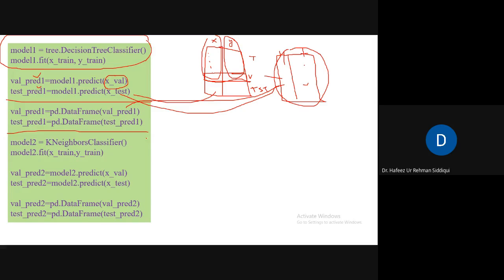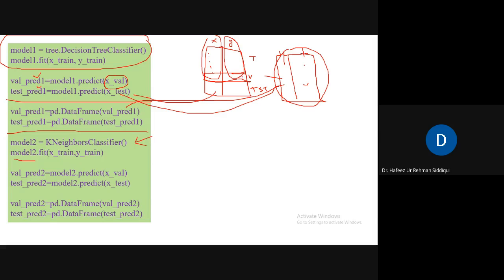Okay, so take another classifier, K-neighbor. Model 2 is a K-neighbor classifier. Same here, we take the train data and the labels, and you train your model 2 on the training set.